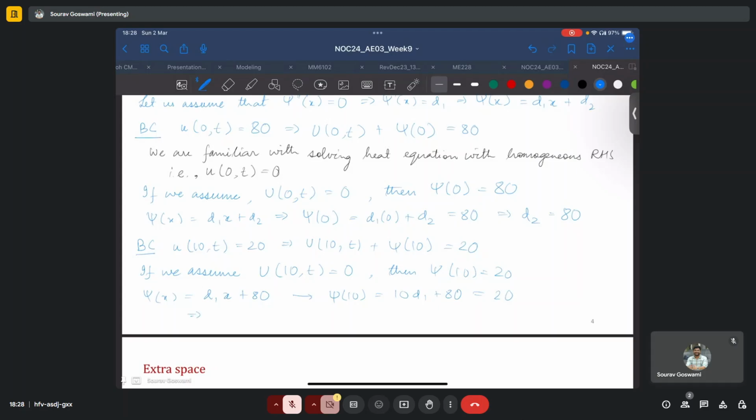This would give us 10 d1 is equal to minus 60, or d1 is equal to minus 6. And so we have the form of psi of x, which is equal to minus 6x plus 80.